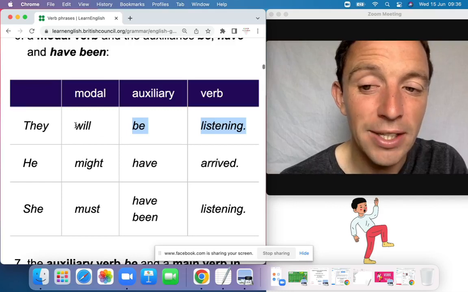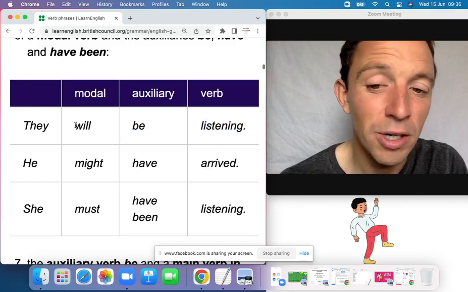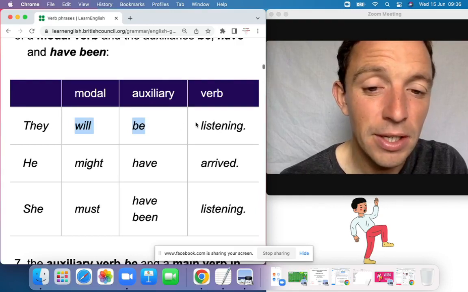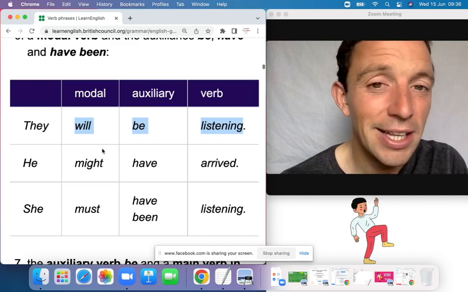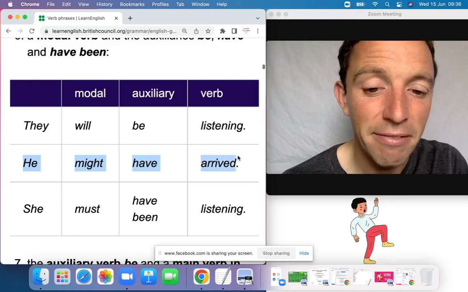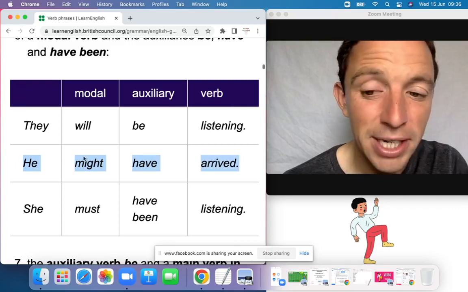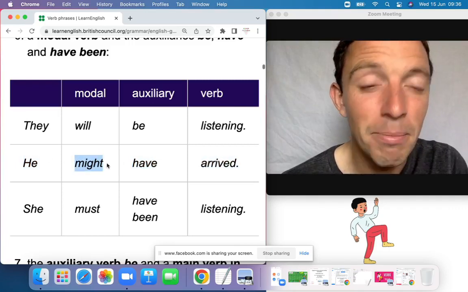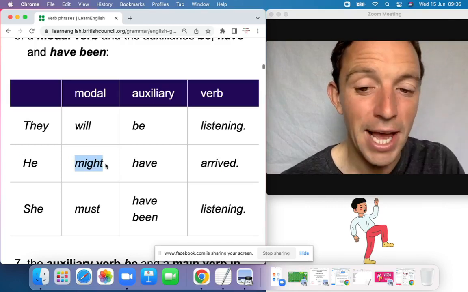And will is the future or the modal. So I think this is the future continuous. The next example, he might have arrived. He is the subject, might is the modal, might, could, may.